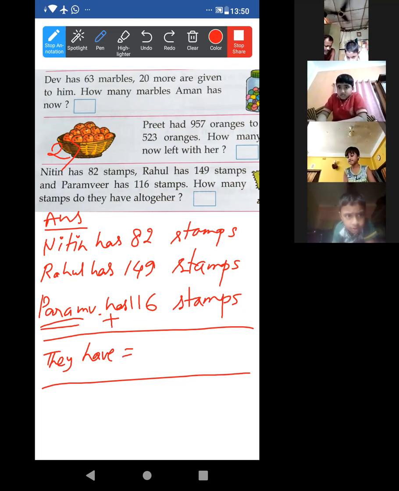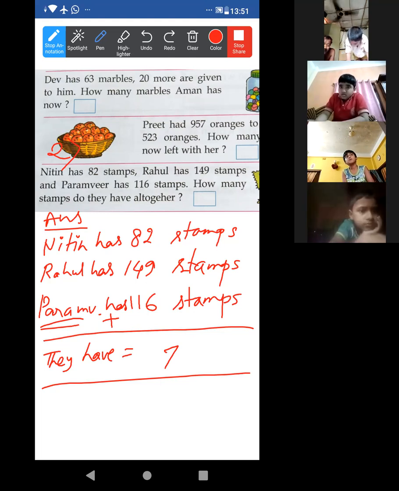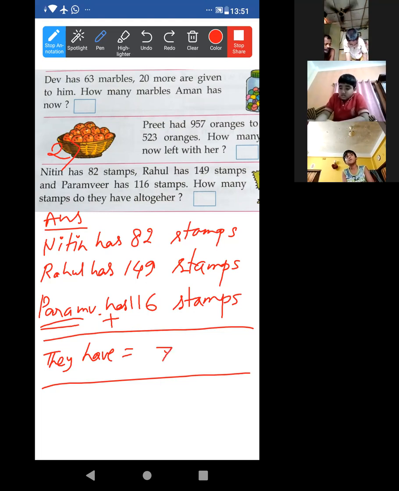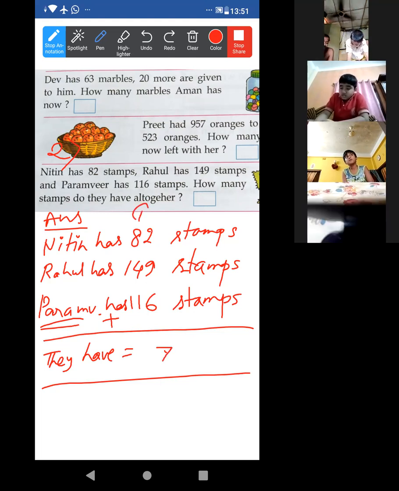Yes, so now look, 6 plus 9 plus 2. This one, 6 plus 9 means what? 7, 8, 9, 10, 11, 12, 13, 14, 15. After that, again 2. 16, 17. 7 will be there, 1 is carried over there, right? Done. Now this one, 1, 4 and 8.